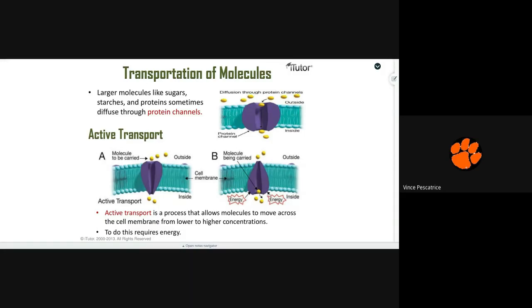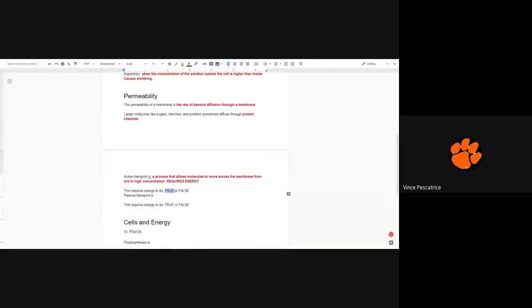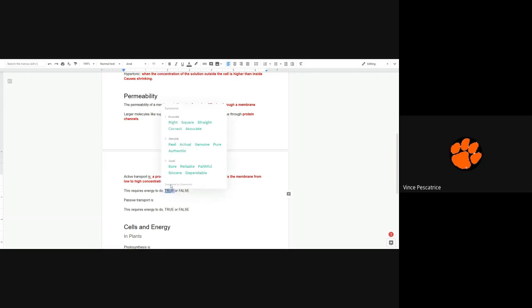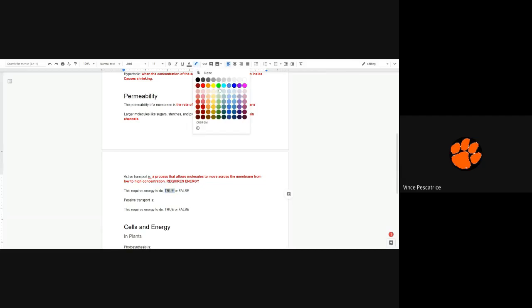So what I want you to do on your notes is just highlight. Does this require energy to do? Click on true, go to the highlighter, and just highlight it. Yes, it does. True. So this is what your notes should look like.